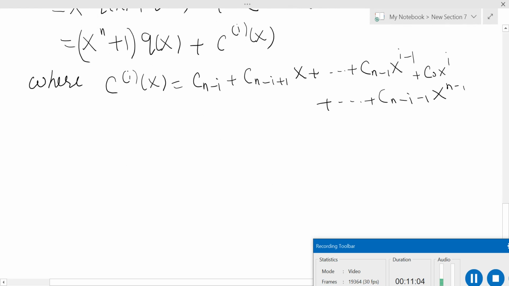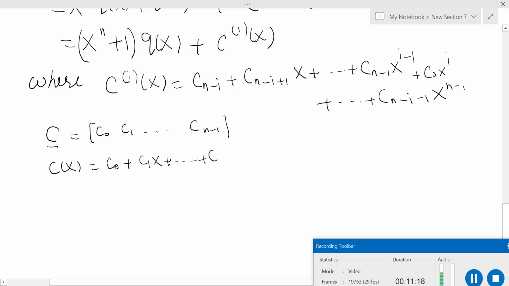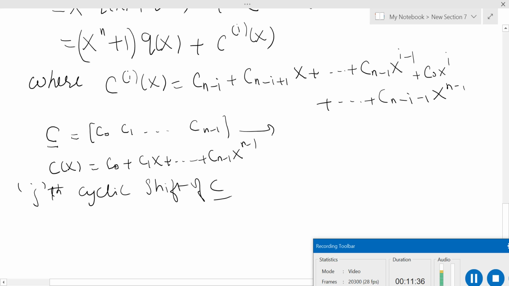Let's look at it. Let's see a code word c with bits c0, c1 up to cn minus 1. Its code word polynomial is c of x, c0 plus c1 x plus up to cn minus 1 x to the power n minus 1. Now let's do I times cyclic shifting, the ith cyclic shift of this code word.